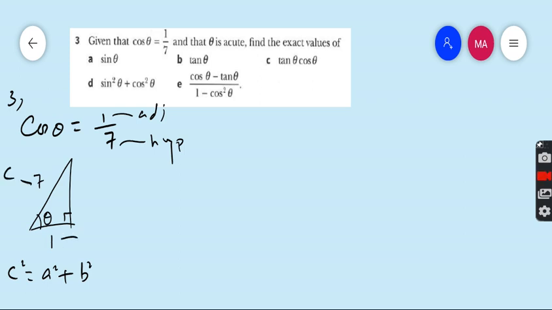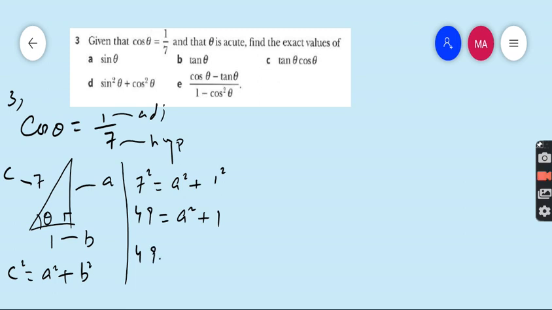This is C, this is B, and this is A. C square, 7 square is equal to A square plus B square, which is 1 square. 49 is equal to A square plus 1. 49 minus 1 is A square.